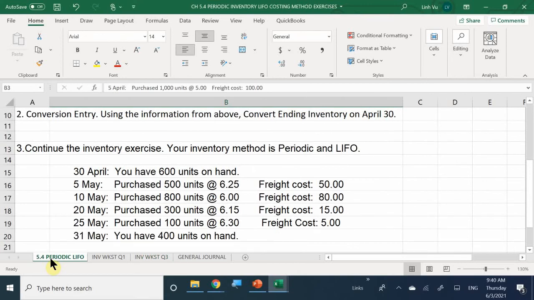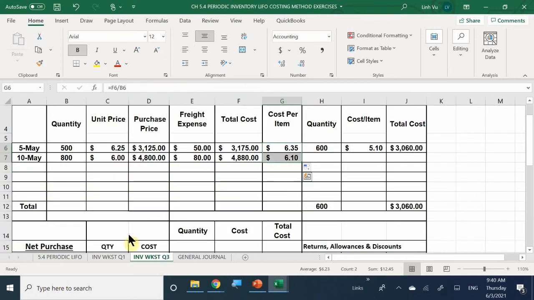Then what happened on May 20th? You purchase 300 units.